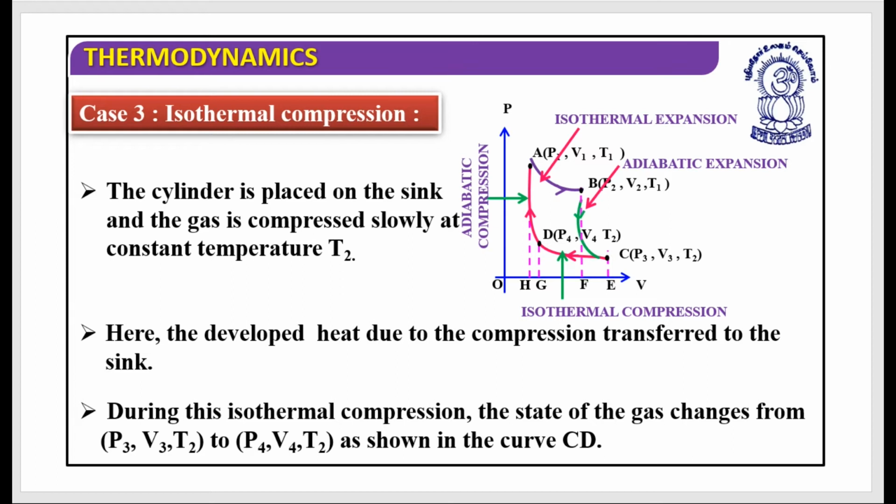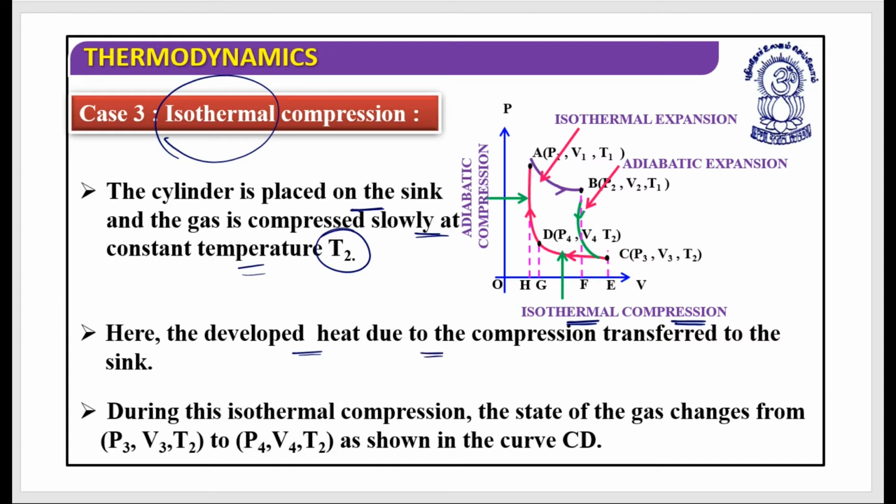The next step is the isothermal compression, in which the cylinder is again placed on the sink and the gas is compressed slowly at a constant temperature. Because the gas is compressed, heat will be developed, and to maintain constant temperature, that heat must be delivered to the sink.